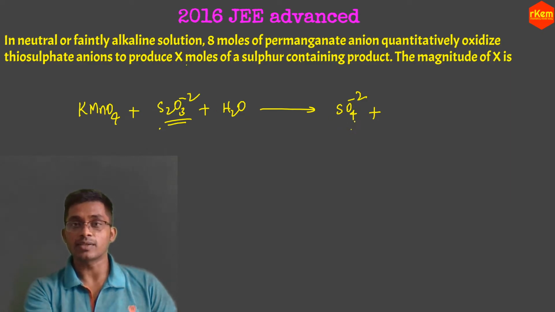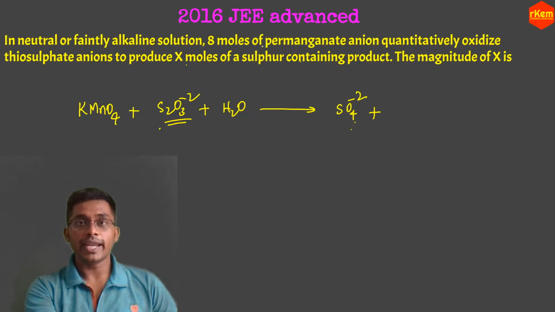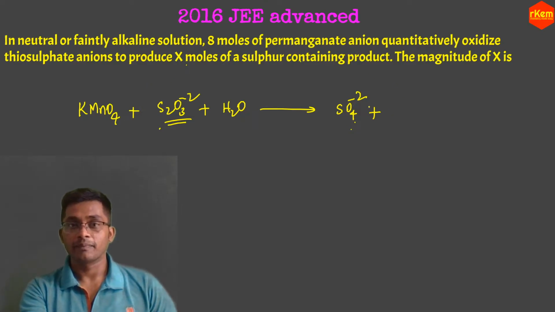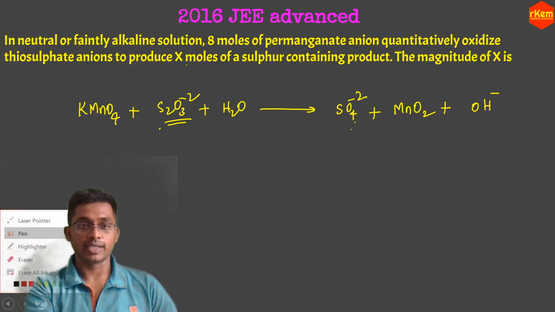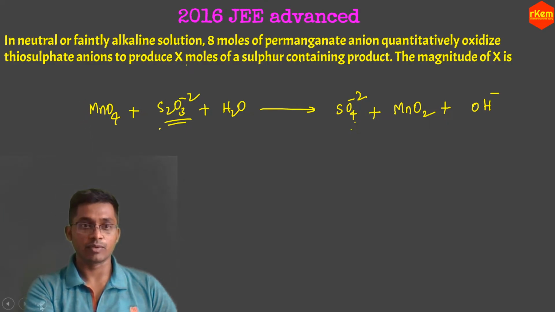See, it is oxidized. So 8 moles of permanganate ion. If you balance this in faintly alkaline medium, what do we get? MnO2 plus OH minus. If you take anionic parts only, I'm taking just MnO4 minus.